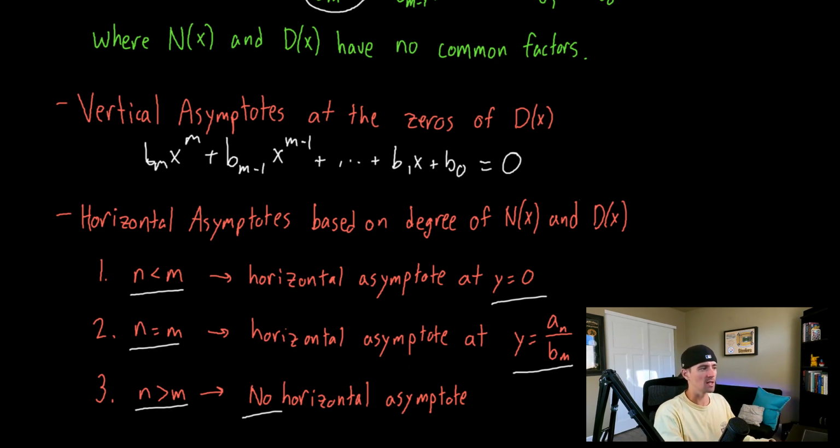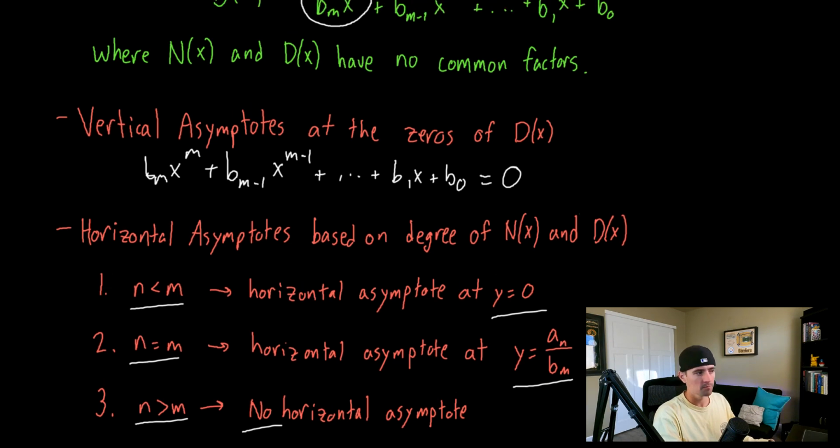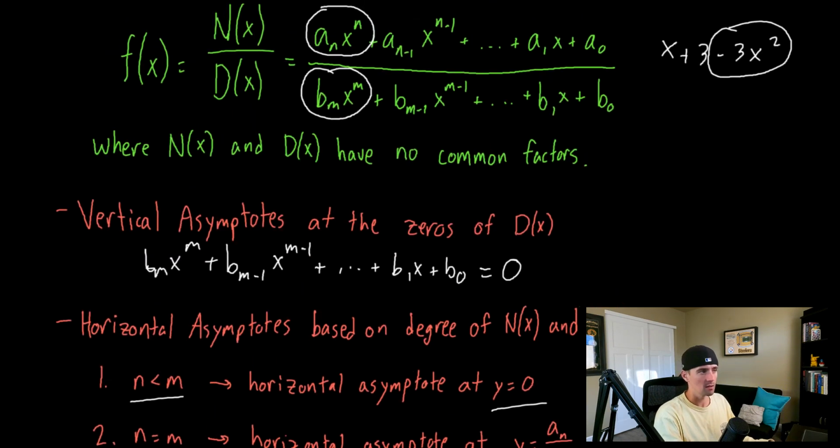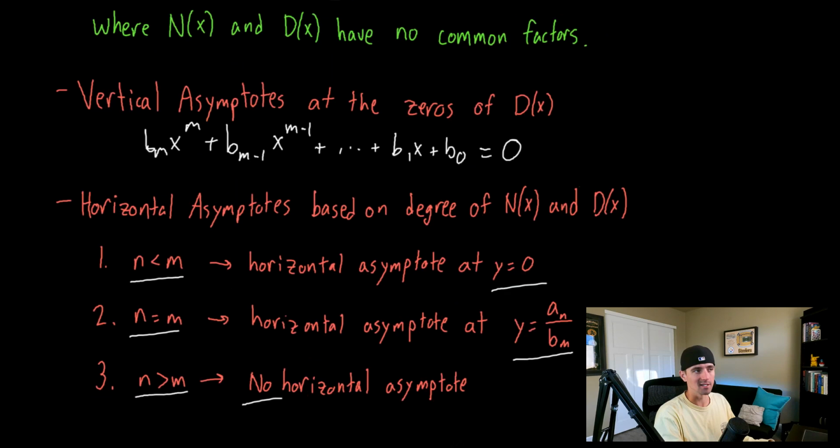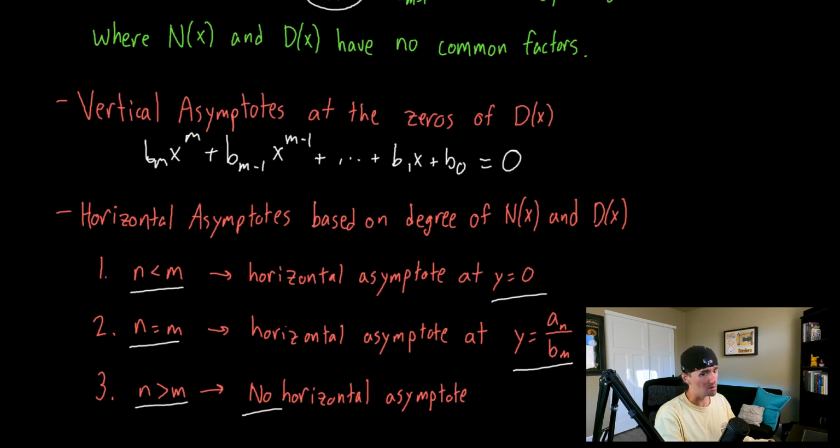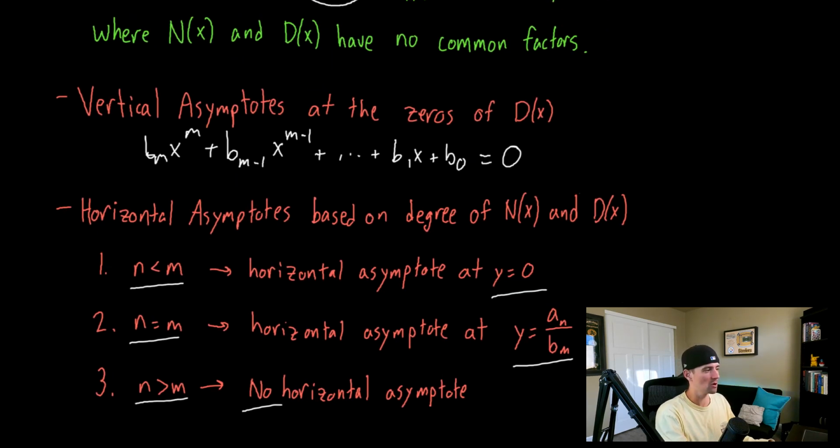In this case, our numerator is n and our denominator is m. Probably shouldn't have picked two letters that sound so similar, but n is numerator, the top of our fraction, and m is denominator, the bottom of our fraction.